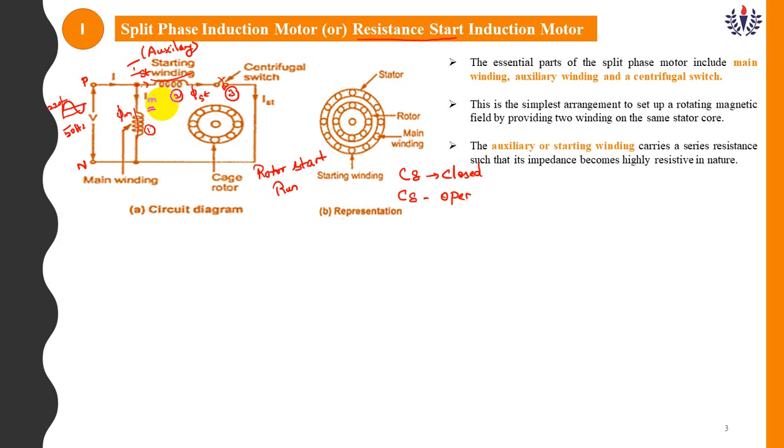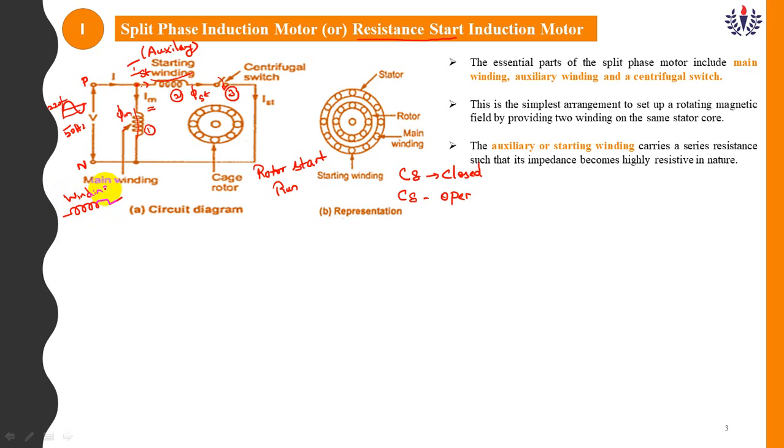And why are we calling this a resistance start induction motor? Here you see the winding arrangement. Normally the winding will be like this. This is called a winding, or we can say a coil.